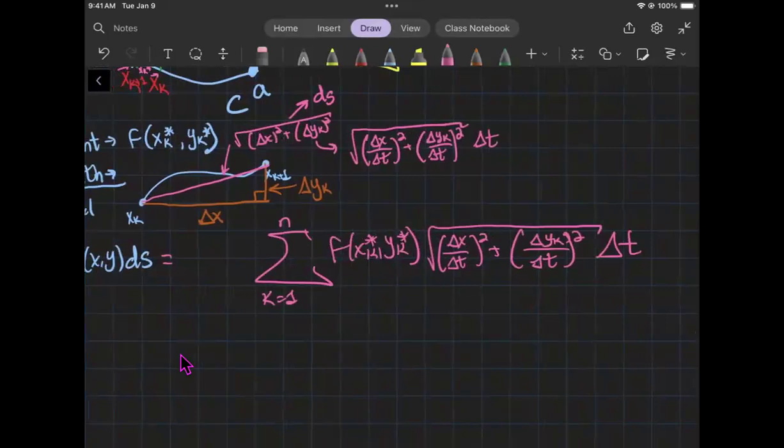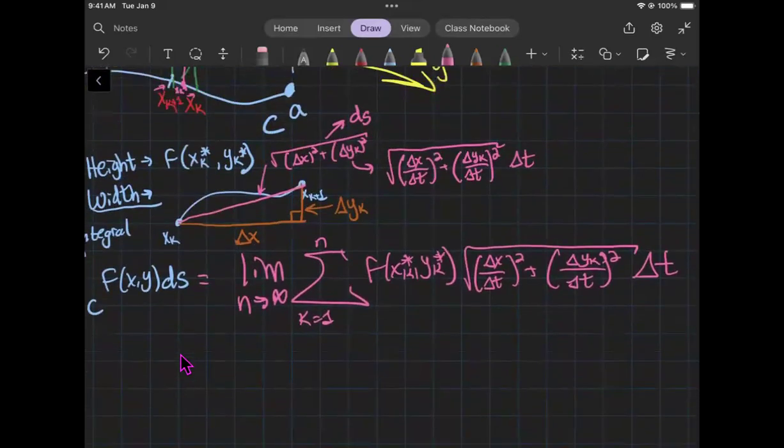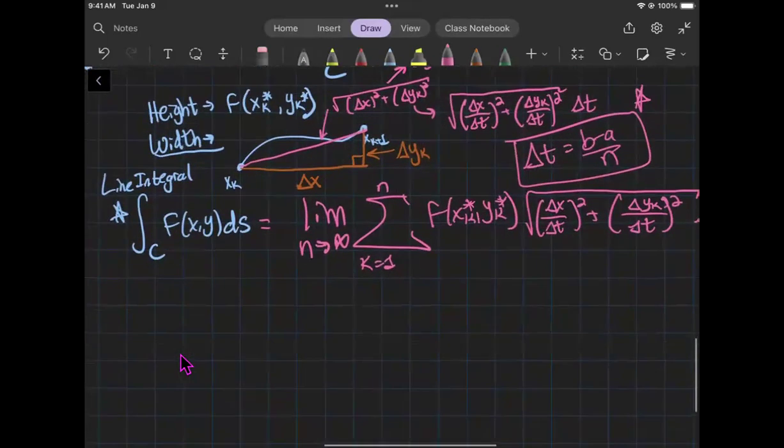So that's arc length. If you want the exact value, just take the limit as n goes to infinity of this. And I'm using that delta t equals b minus a over n. That's the uniform partition that I'm referring to here.